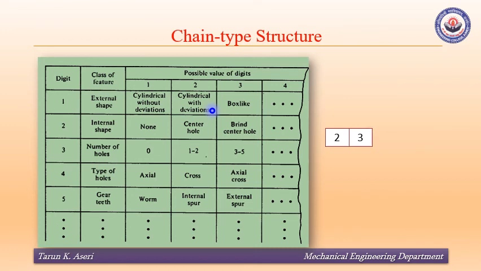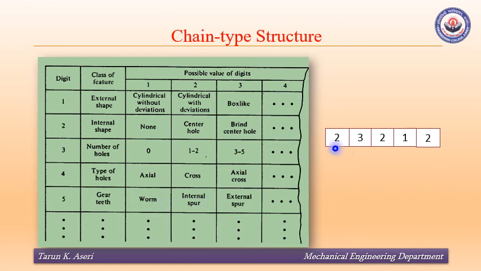If the second digit is 3, it means that there is a blind center hole. Third digit is 2, that means there are 1 or 2 holes in the object. Fourth digit is 1, it means the hole type is axial. Fifth digit is 2, it means internal spur gear.